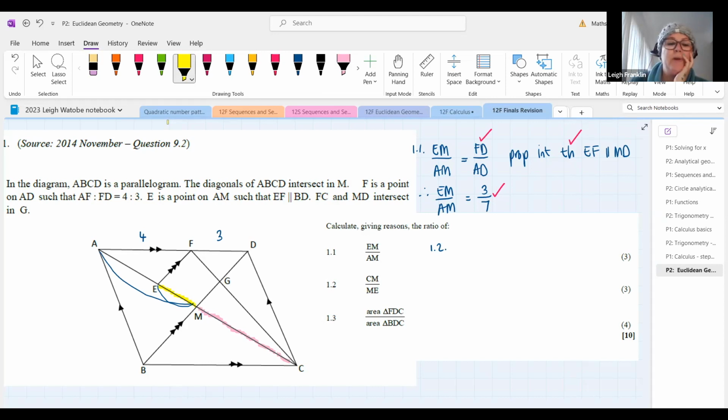What would we do here? Can we apply the proportionality intercept theorem in this question? What do you guys think? Do we have a line drawn parallel to the third side of a triangle that we can work in? Or are we going to have to do something else?